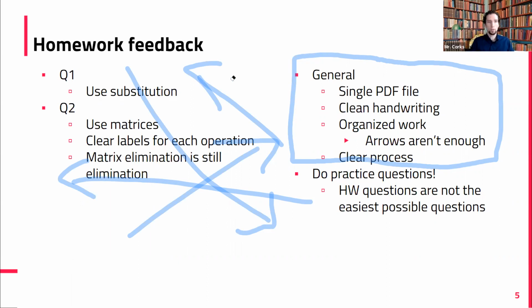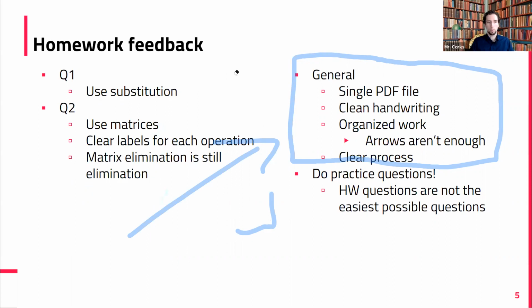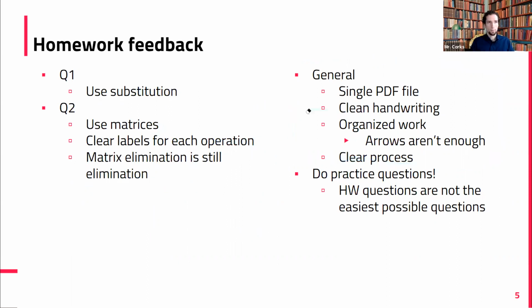If we need lots of arrows to be able to follow your work, then it's probably not very organized. If we have to guess at what your process is, then we won't. We'll just say, okay, I'll just imagine that this part is blank. So we need to be able to follow your thought process to see that you understand it.